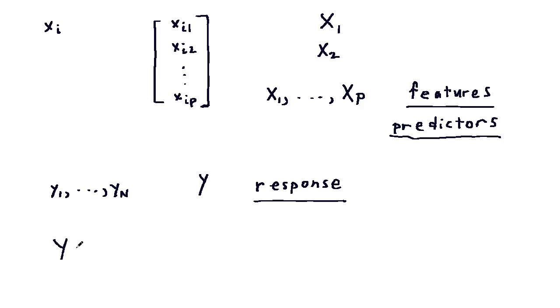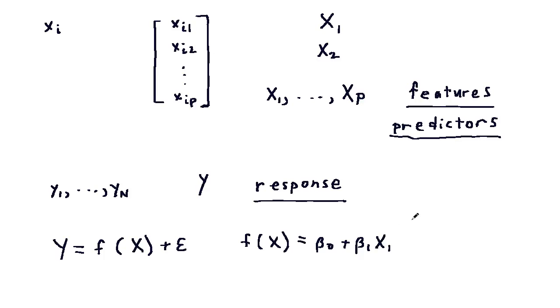So y equals f of x plus epsilon, where f of x is equal to beta 0 plus beta 1 x1 plus ... plus beta p xp.